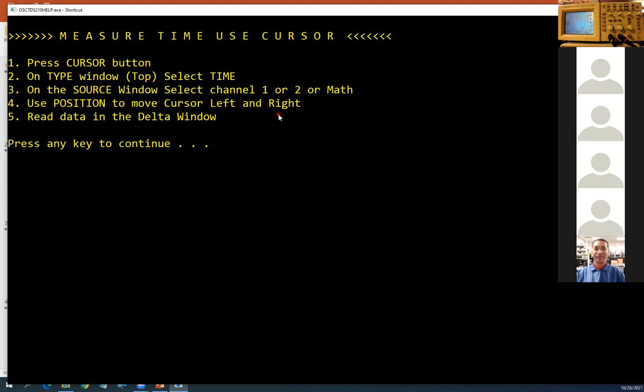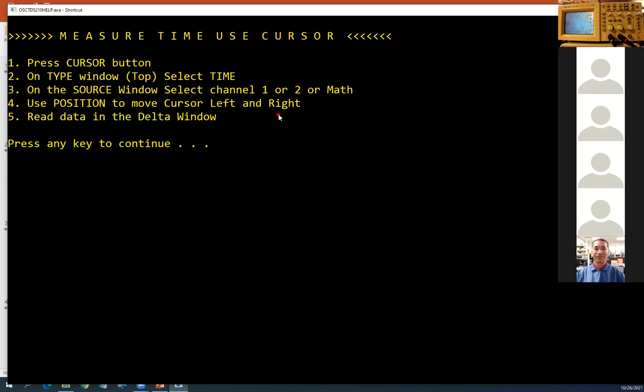Press the cursor button, and on the type window at the top, select time. On the source window, select channel 1 or channel 2 or math. Use position to move the cursor left and right. Read the data in the delta window. So they're telling you step by step, and if you follow that exercise over and over, later on you get a lot.